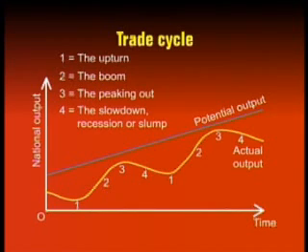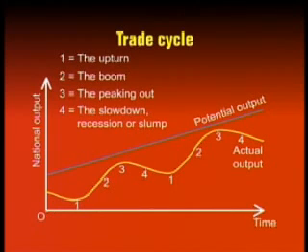Note that points like 2 and 3 are associated with the boom segment of the trade cycle, whereas points such as 4 and 1 are associated with the bust or the recession part of the economic or trade cycle. A word of caution is needed here, and that is that you should not confuse a high level of output with a high growth in output.